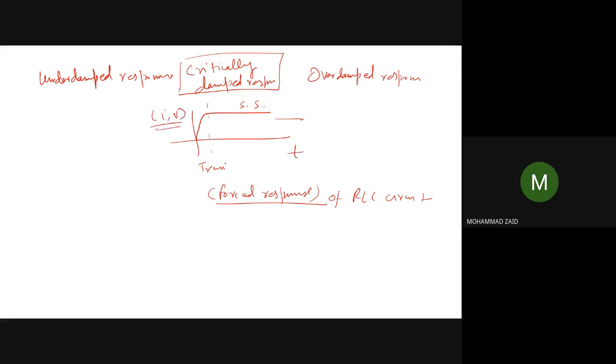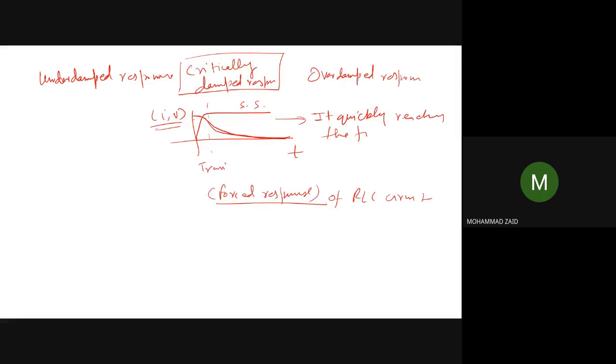A critically damped system has the advantage that it quickly reaches the final value. That means the inductor current or capacitor voltage, whatever the final value, whether it is like this in a steady state part, or moving towards zero, it can quickly move towards zero without any sluggish response.